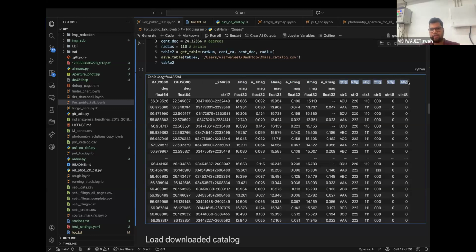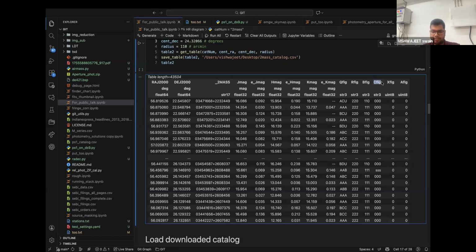So again, you have to be careful whenever you are getting values from a catalog. You will always find some kind of flags in the catalogs. Here, for example, is a quality flag, and then it's probably a reliability flag or something.